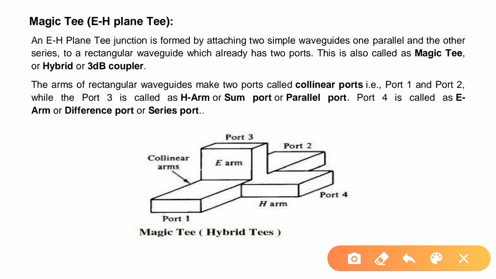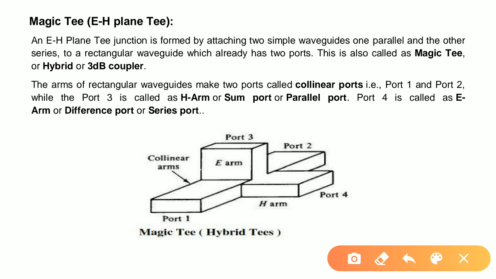An EH plane T junction is formed by attaching 2 simple waveguides, one parallel and the other in series, to a rectangular waveguide which already has 2 ports.